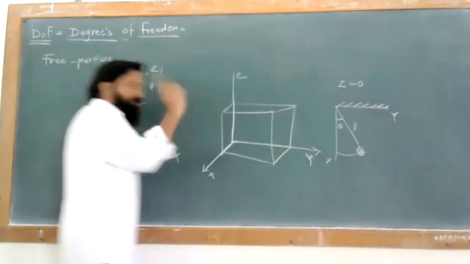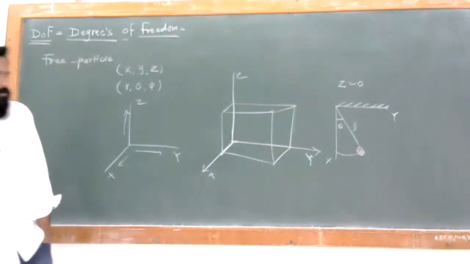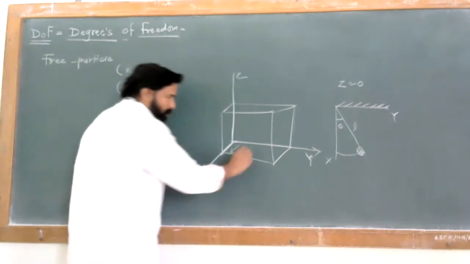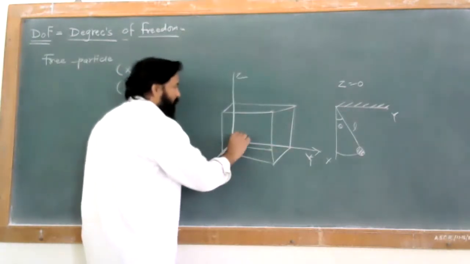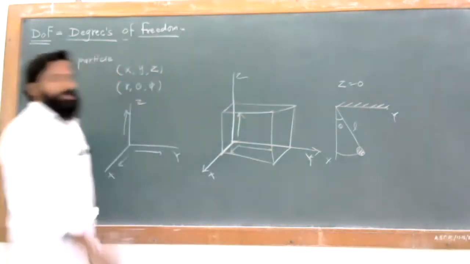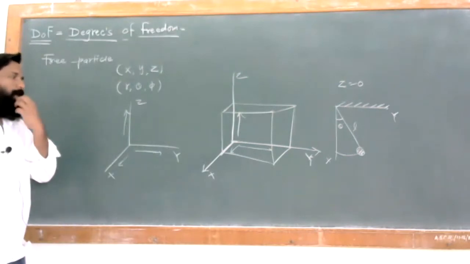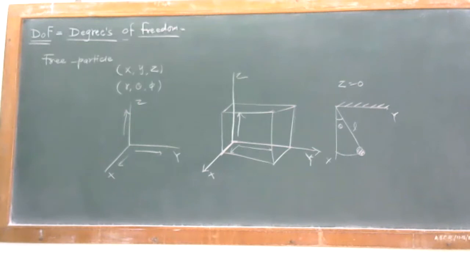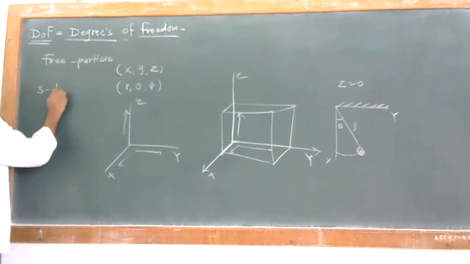Now we consider the free particle. This particle can go along the x-axis, along the y-axis, and along the z-axis. So the free particle can move in all these three directions, and hence it is said to have 3 degrees of freedom.